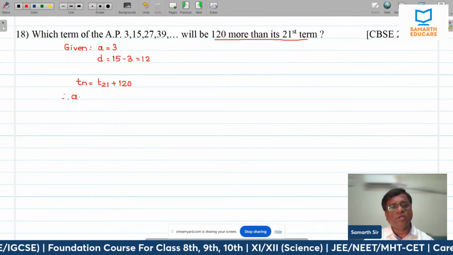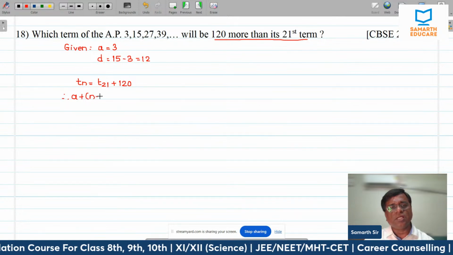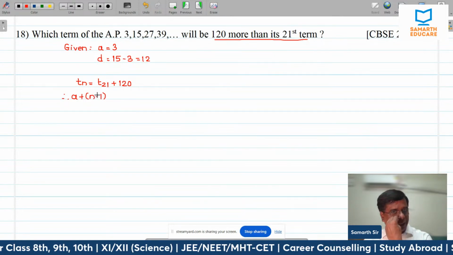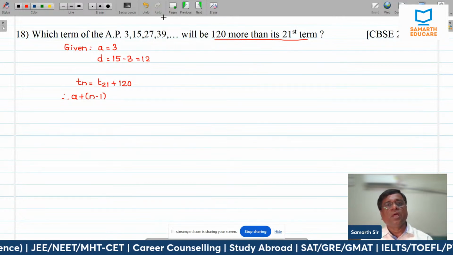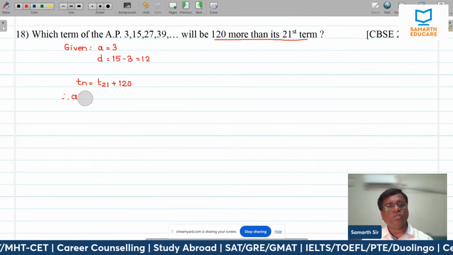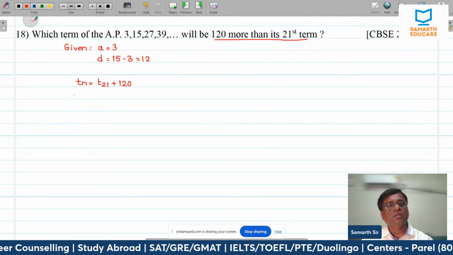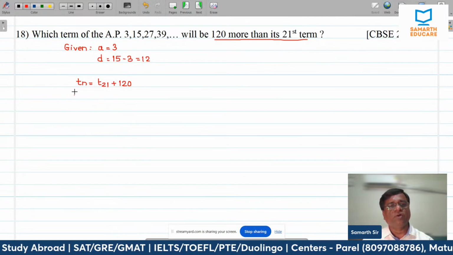So I have A plus n minus 1 into D. Okay, I think this can also be solved like this directly. Okay, no, we need to find out the value of n.